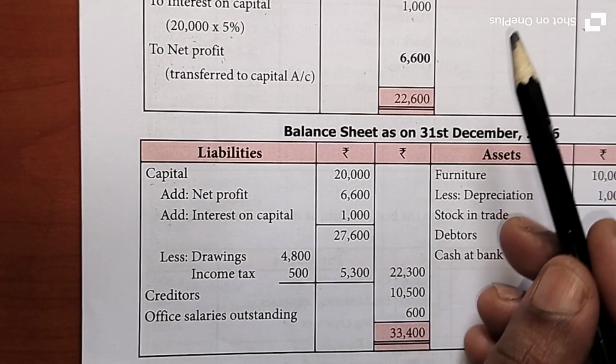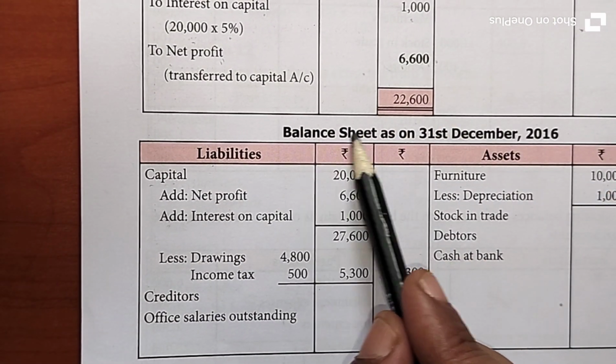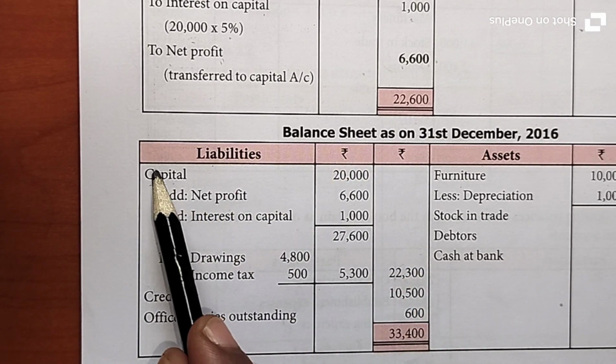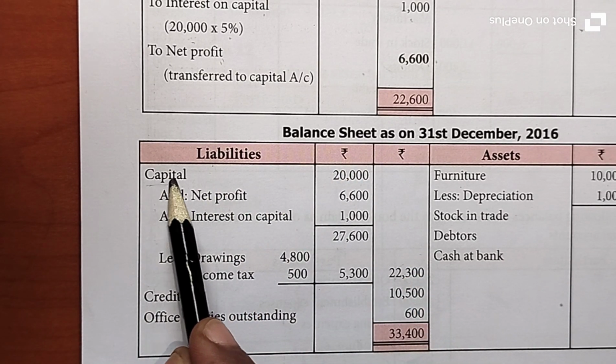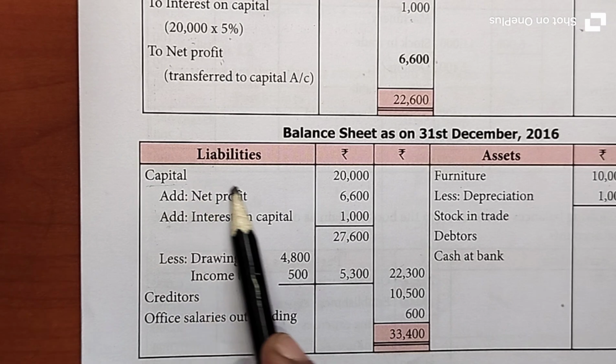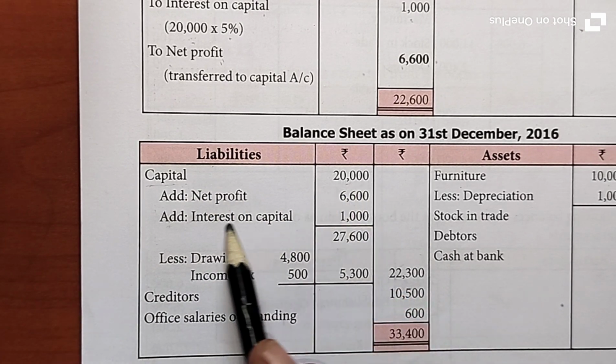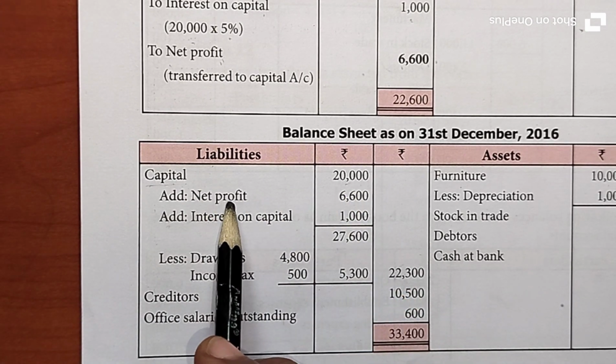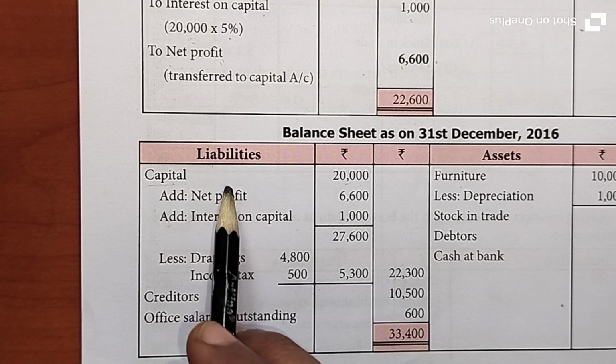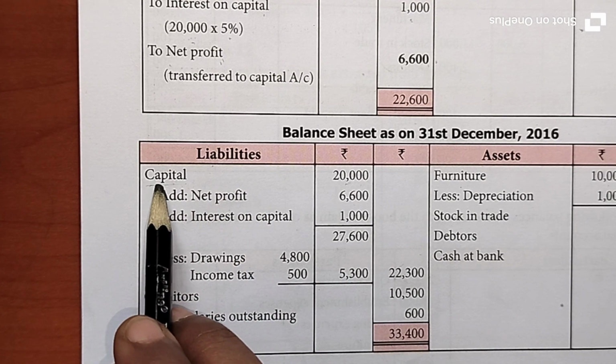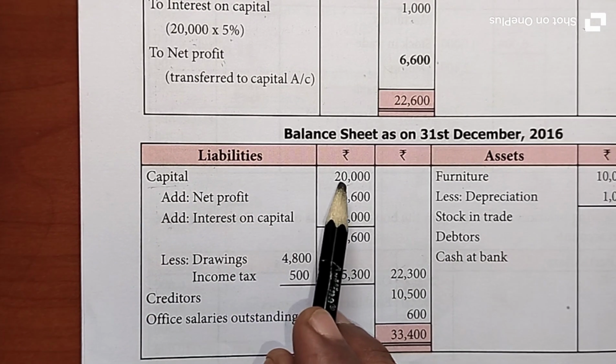Similarly, in the balance sheet, as per the format, on the liability side we always start with capital. Capital we always enter in the inner amount column, because they have given net profit or net loss, some adjustments related to capital. If given, we have to enter in the inner amount column.